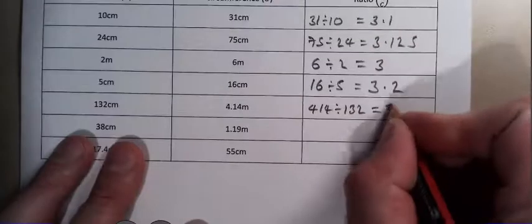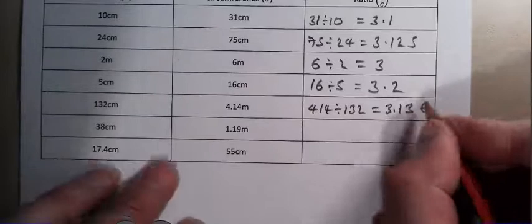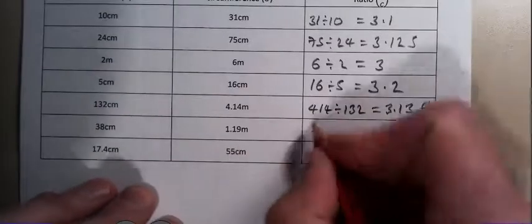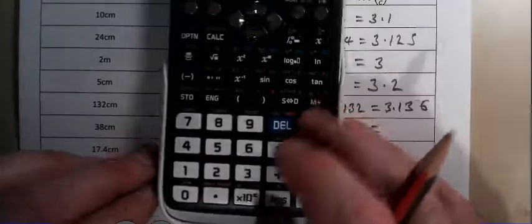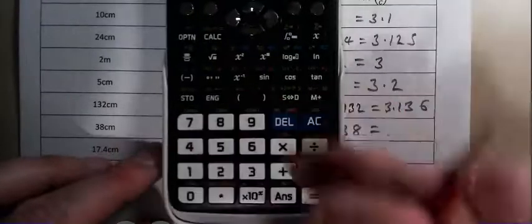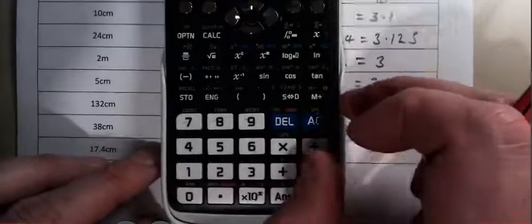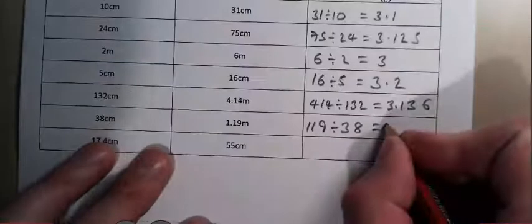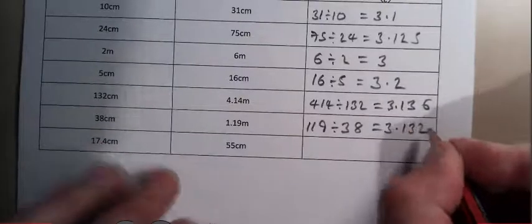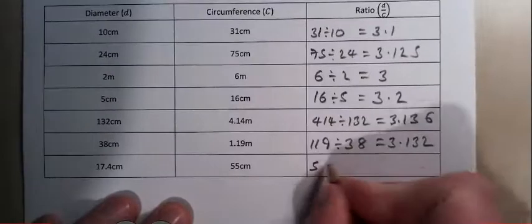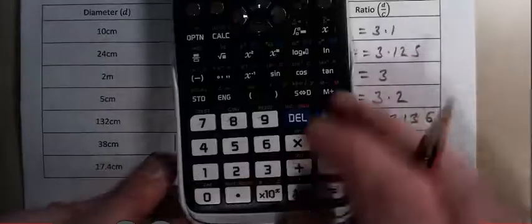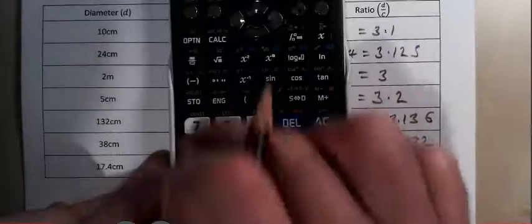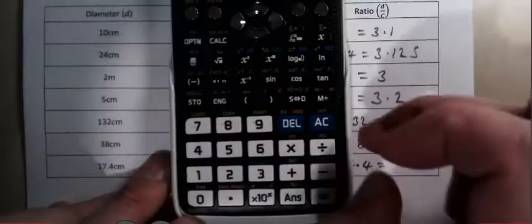That gives 3.136. 119 divided by 38 gives 3.132, and then 55 divided by 17.4 gives us 3.16.